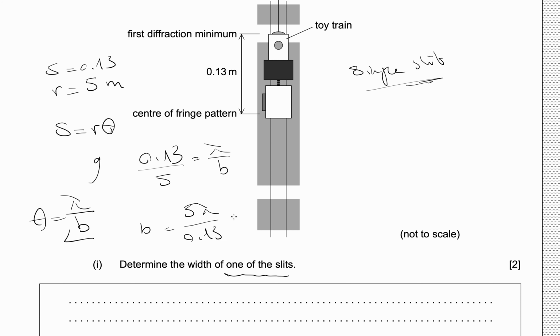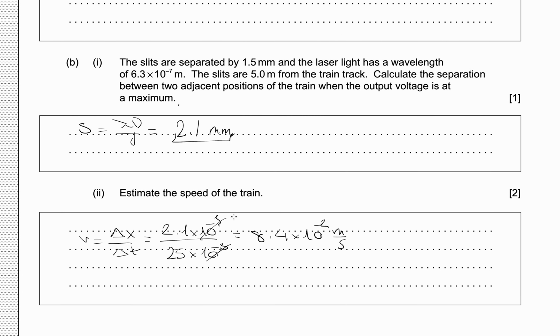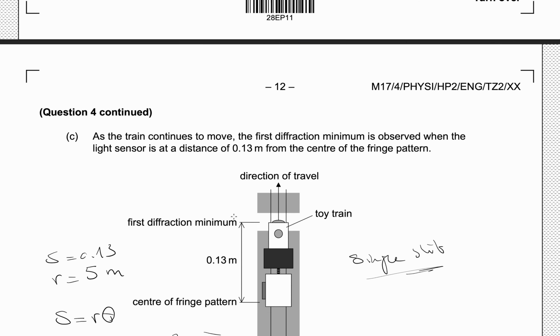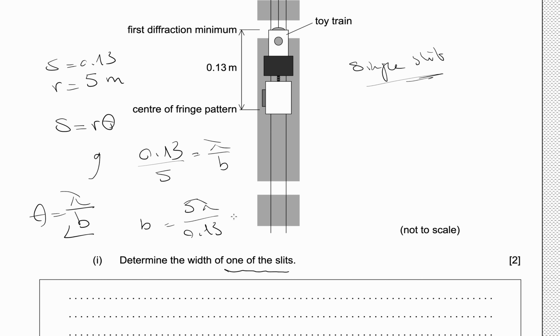Now if you substitute in your values, let me do this quickly. What is the value of lambda? 6.3 × 10^-7, divided by 0.13.